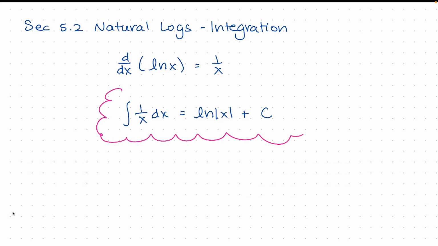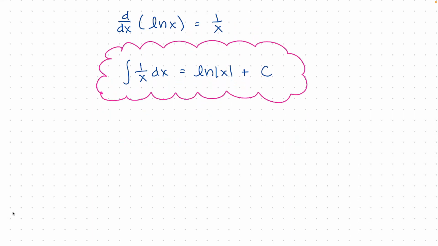Now, if I expand this idea, remember we also did the derivative of the natural log of some function of x. So remember that was 1 over the argument times the derivative of the argument.